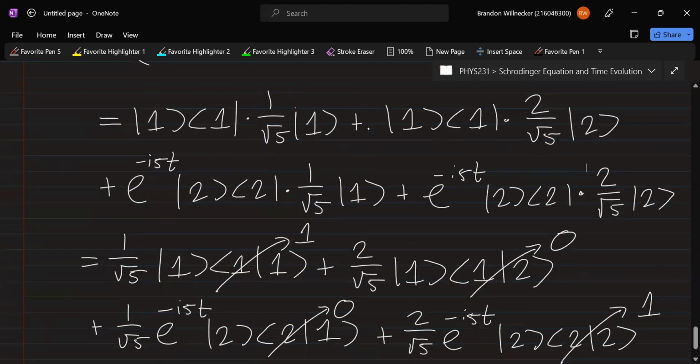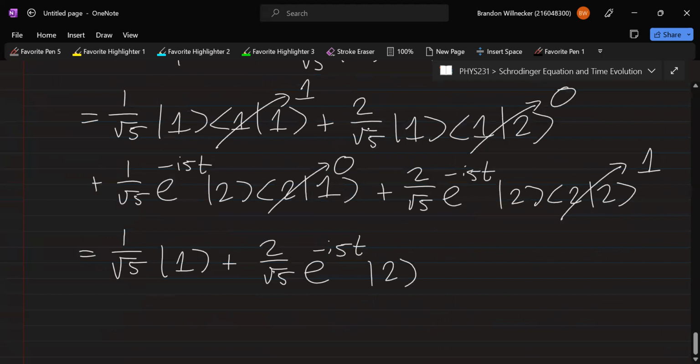And then we do need to know that the basis is orthonormal. So the inner product of an eigenstate with itself will be 1 because they're normalized, and if they are different, then it's 0 because they are orthogonal. Then after a bit of cleanup, again, we get the same answer.